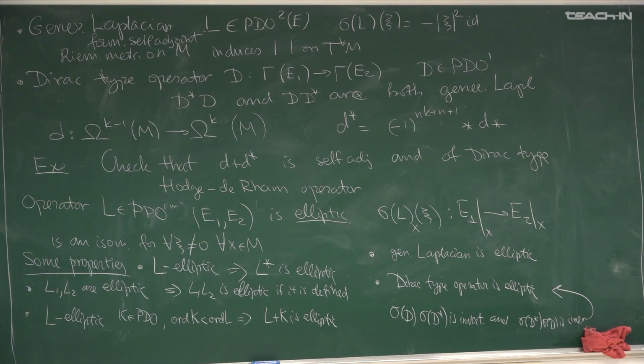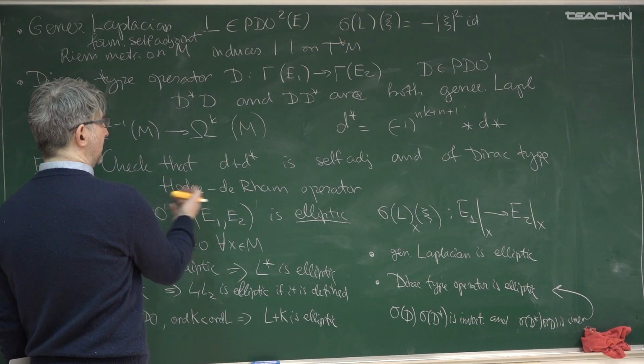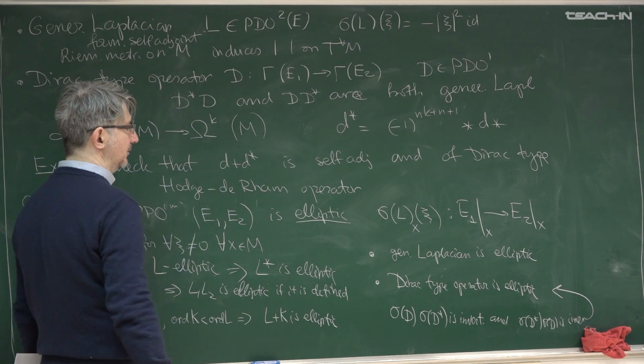You are experienced, and I know that you can construct a one-sided invertible for a rectangular matrix. Okay, so an easy consequence of this exercise is that D plus D star is elliptic.